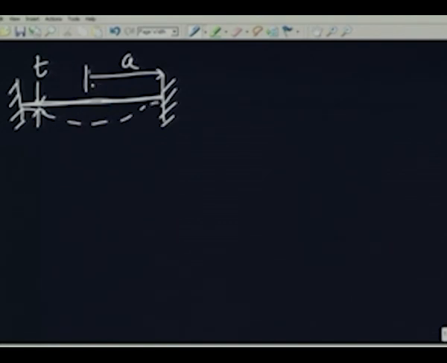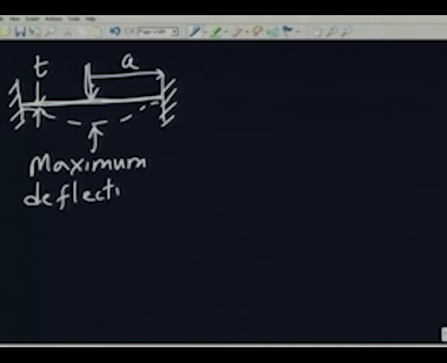And at the center, you are going to have the maximum deflection. And at the periphery, because it is held fixed or clamped, there is no displacement. It is clamped here.